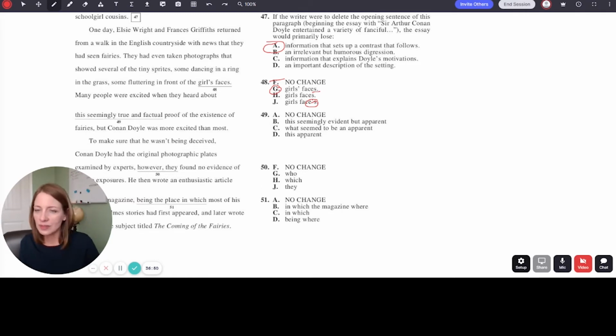49. Many people were excited when they heard about this seemingly true and factual proof of the existence of fairies.